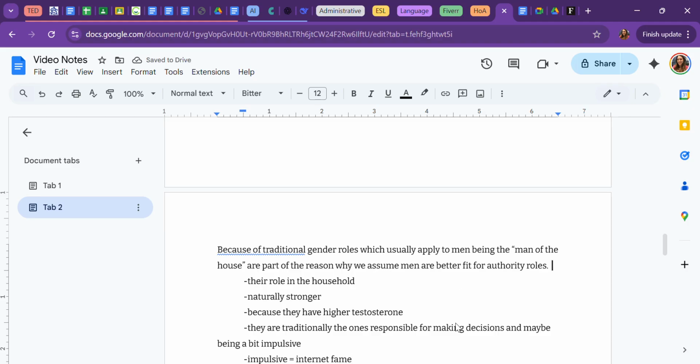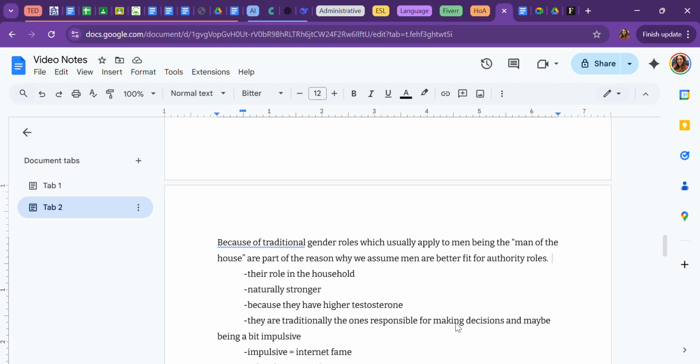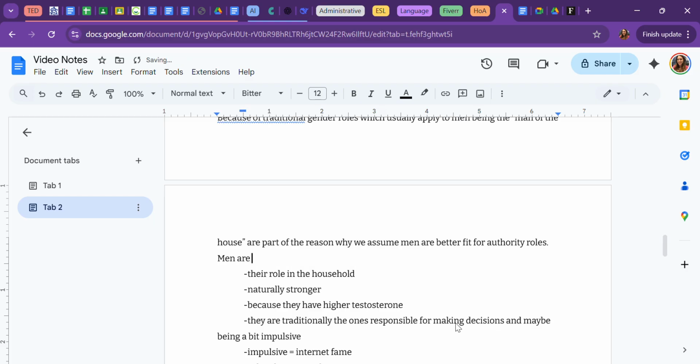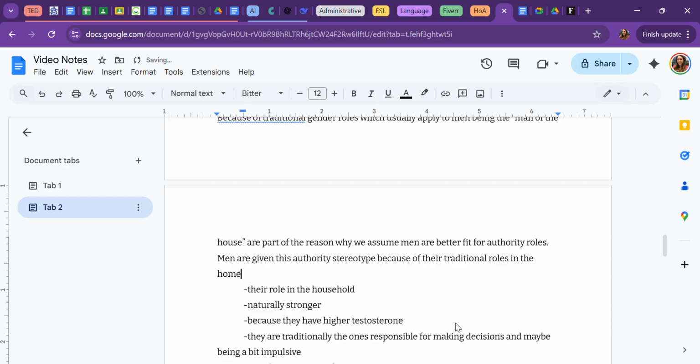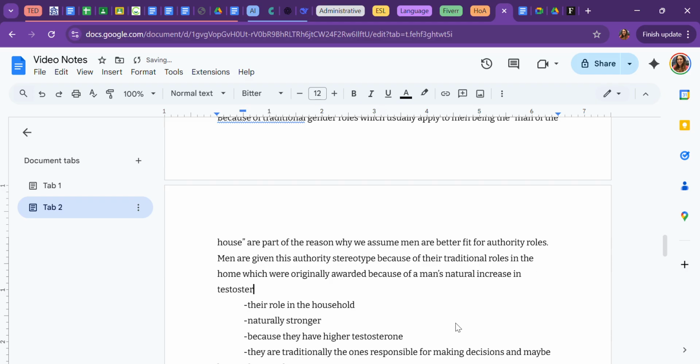Okay, so we've got to make sentences out of these to be able to give you my analysis. Men are given this authority stereotype because of their traditional roles in the home, which were originally awarded because of a man's natural increase in testosterone and strength.